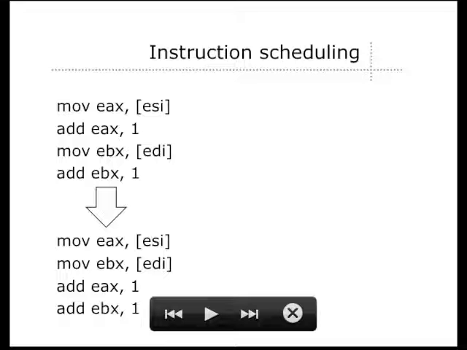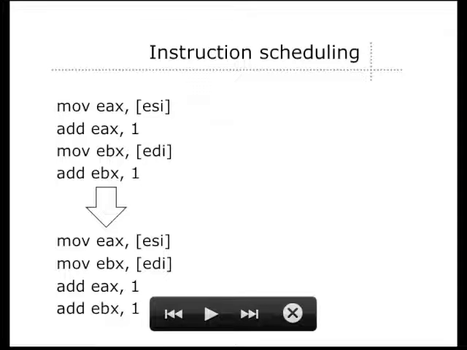So these memory loads are usually pretty slow on the CPU because it has to talk to the RAM to get the right value, and this takes a bunch of clock cycles. So the CPU will work faster if you do the two loads together first, and then after that you do the two additions. And these two sequences compute the exact same results.